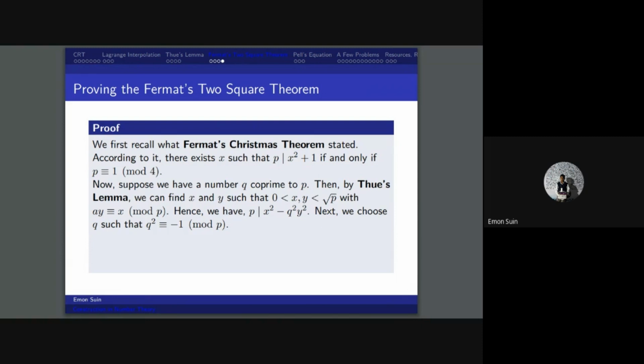Okay, so now what will we have? From p divides x square minus q square y square, and q square is congruent to minus 1 mod p, what will we have? Say.